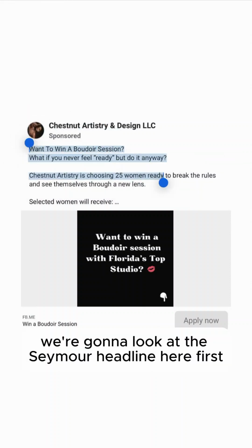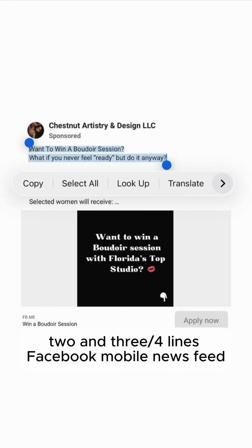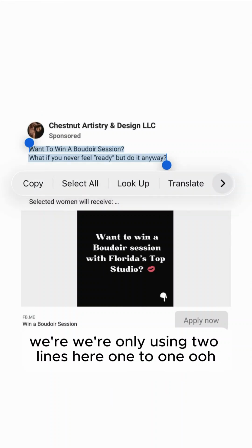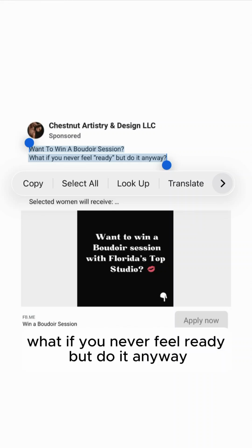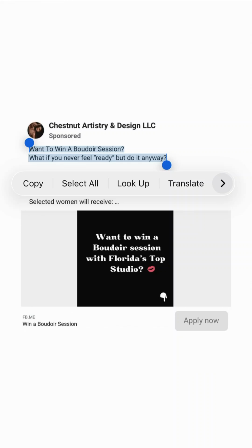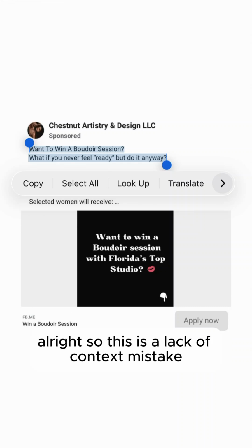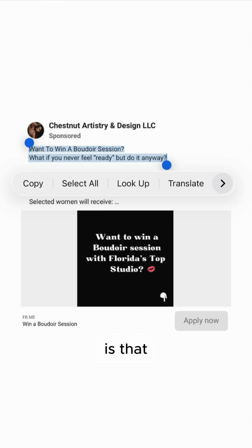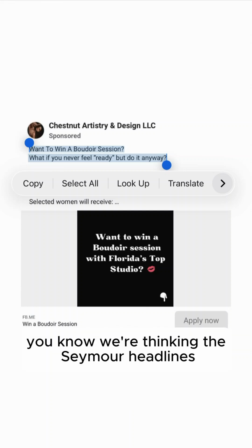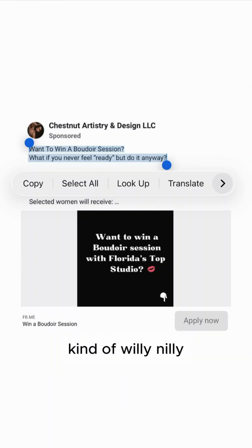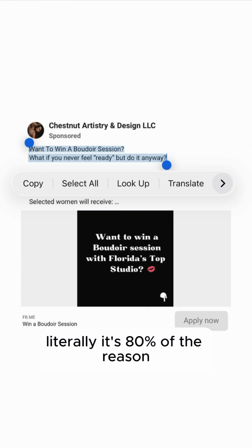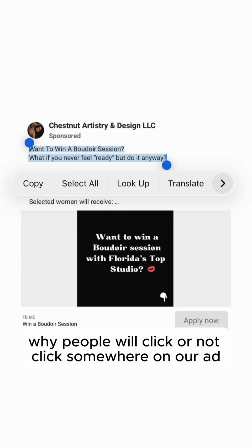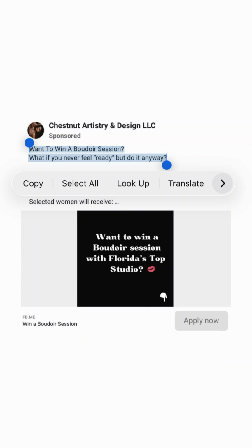Finally, we're going to look at the See More headline here. First 2 3/4 lines, Facebook mobile newsfeed. We're only using 2 lines here. 120 Boudoir session. What if you never feel ready, but do it anyway? All right, so this is a lack of context mistake. The false belief that caused us to make this mistake is that we're thinking the See More headline's kind of willy-nilly, when in fact, literally it's 80% of the reason why people will click or not click somewhere on our ad. So this is actually the most important part.